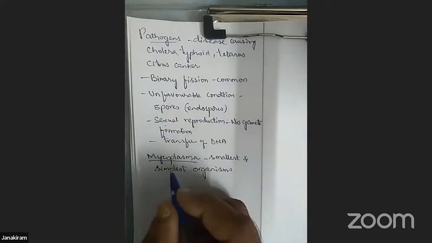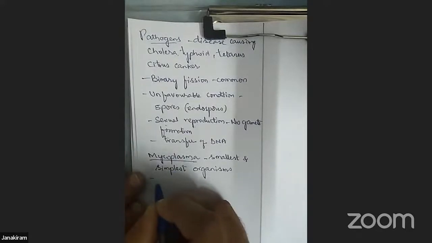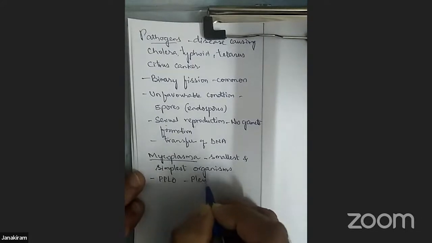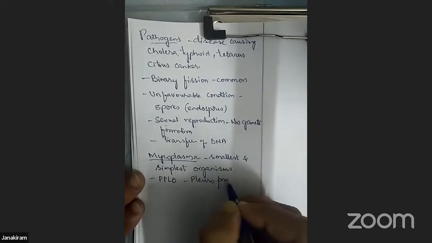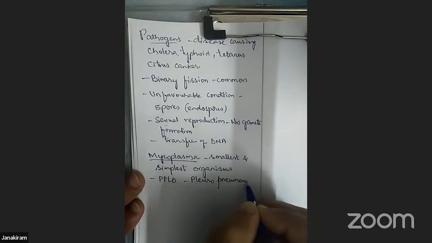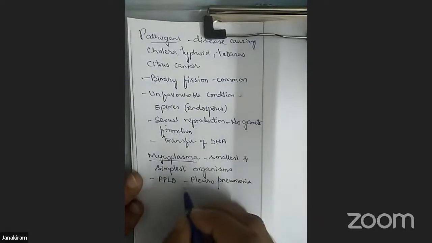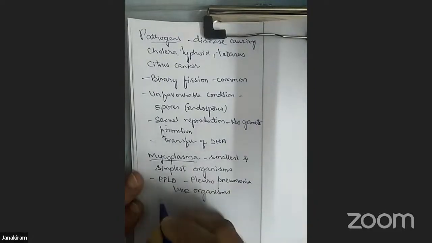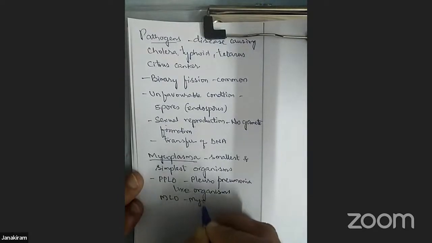That's why we consider them the simplest organisms. These are also called PPLOs, that is pleuropneumonia-like organisms, or MLOs, that is mycoplasma-like organisms.